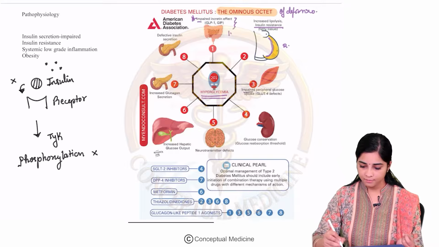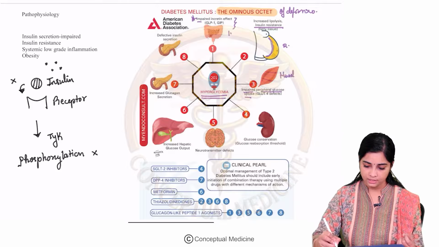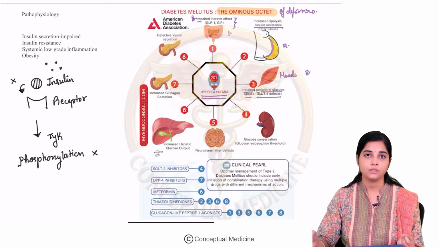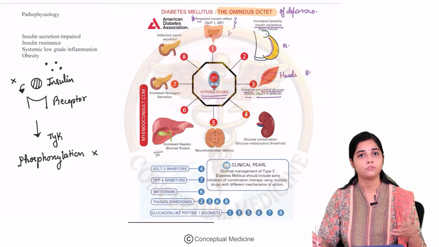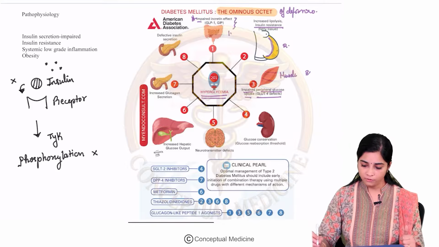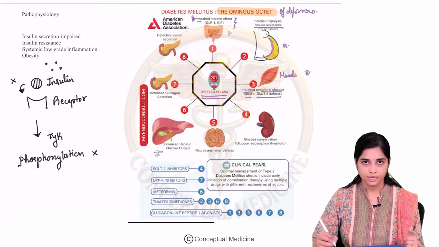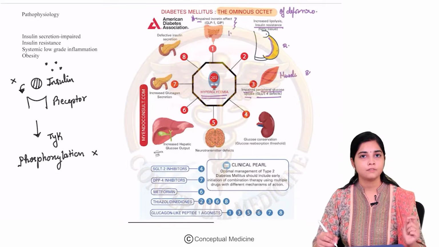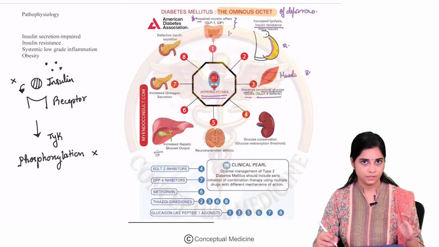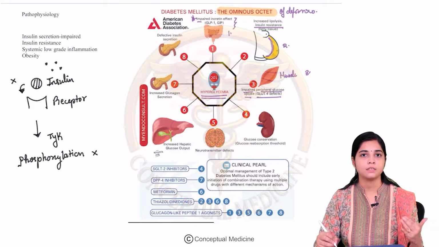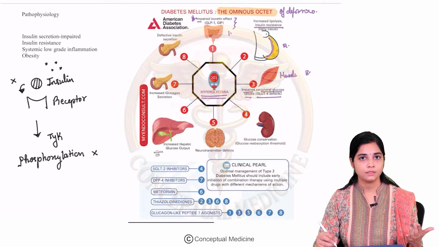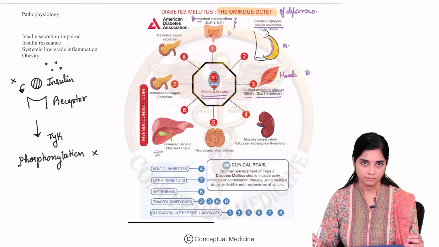Third, there is impaired peripheral glucose uptake in the muscles because of defects in GLUT4, which is present in muscle. Fourth, we have learned that whenever blood glucose levels are more than 180, it crosses the renal threshold, and glucose gets excreted in the urine.